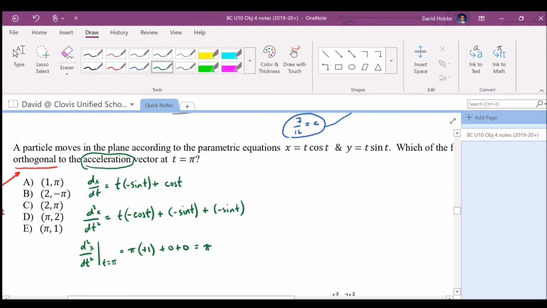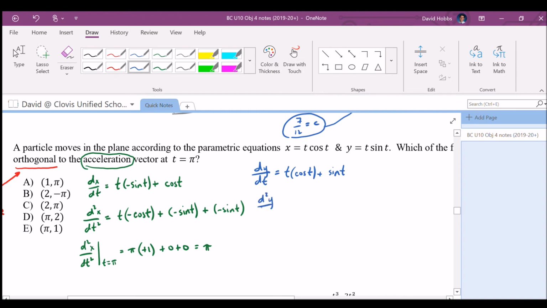Okay, and I also need the second derivative of y with respect to t. So dy/dt, product rule again. So first times the derivative of the second plus the second times the derivative of the first, which is 1.